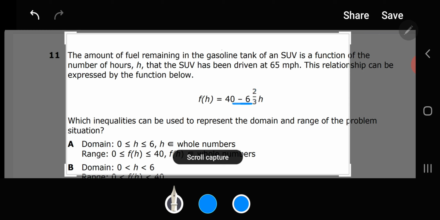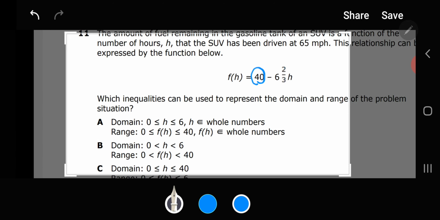Okay, so clearly we start with 40 gallons, and of course, we're going to keep going until we're at empty. And then we're going to stop. So we're in between 0 and 40. And that, of course, will be my range for the amount of fuel. 0 gallons all the way up to 40 gallons.